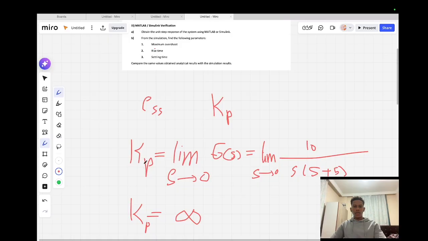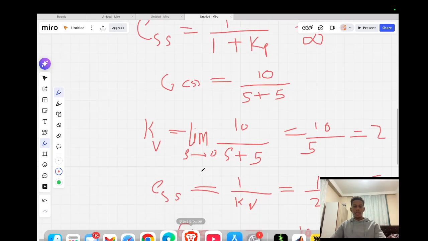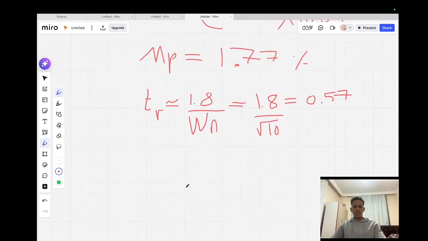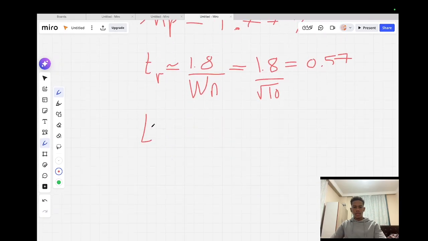And finally, we need to find the settling time, TS. TS is approximately equal to 4 over 2 multiplied by the damping ratio multiplied by the natural frequency.